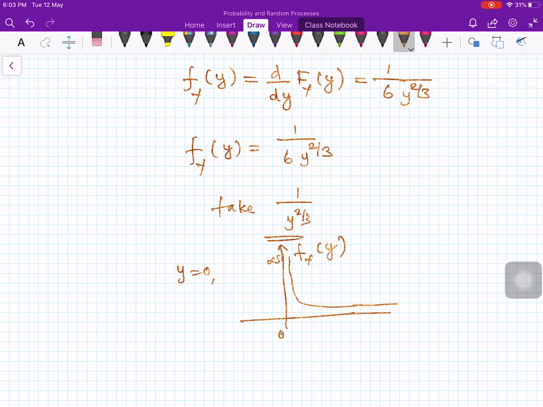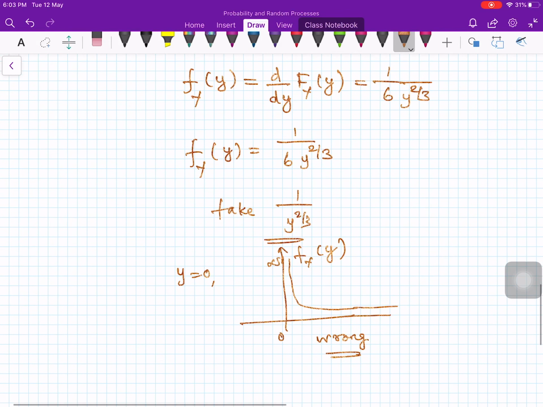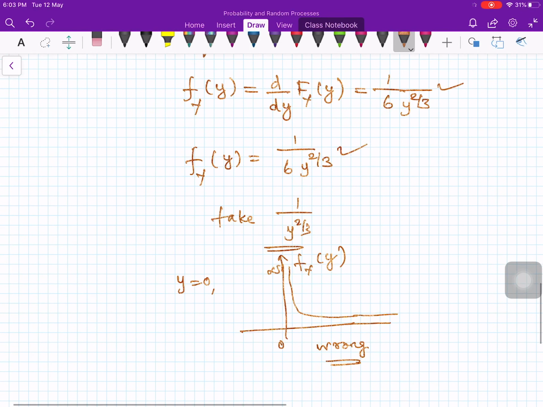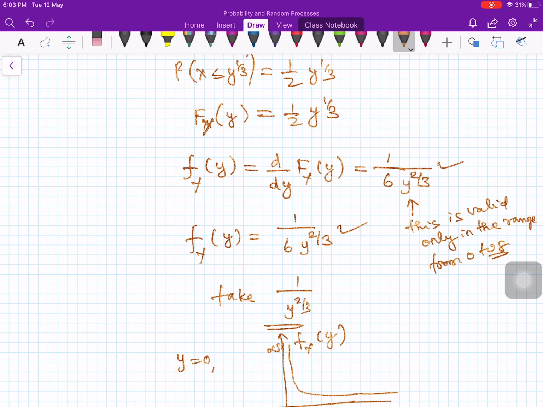Now the question is, is this picture correct, the way I have drawn it? Because it is wrong. Why is it wrong? It is wrong because the formula I wrote here is valid only in the range from 0 to 8. Beyond 8, this formula is not valid.